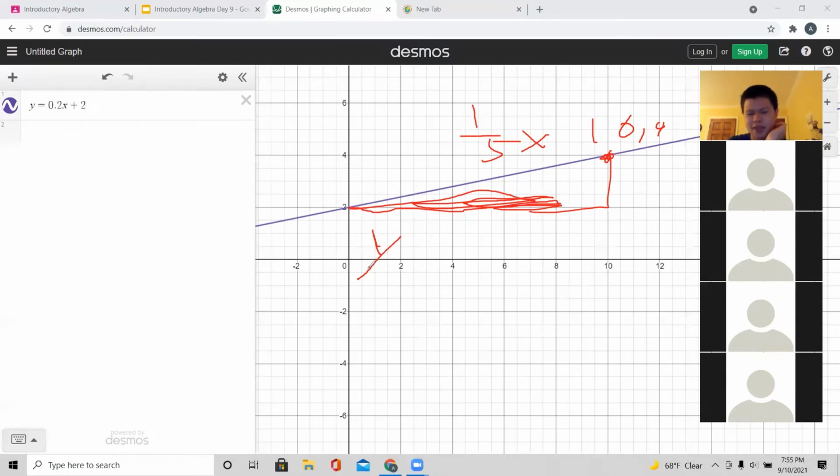As a more complex concept, y is changing by 1/5 with respect to x, but using this method of drawing a right triangle is better for now.